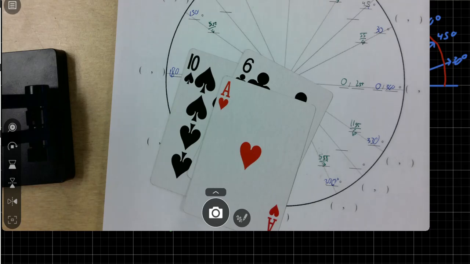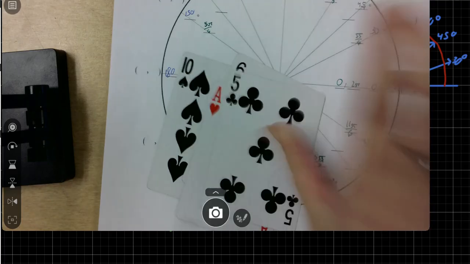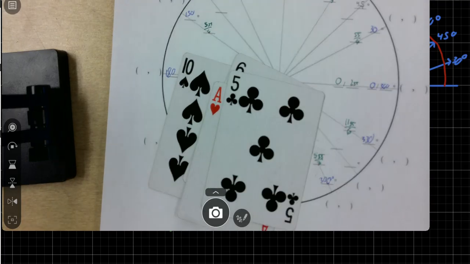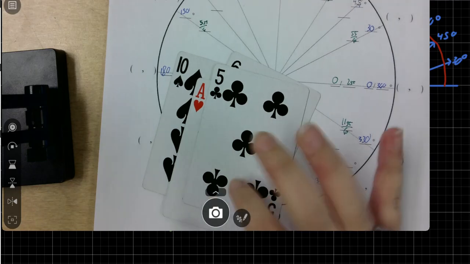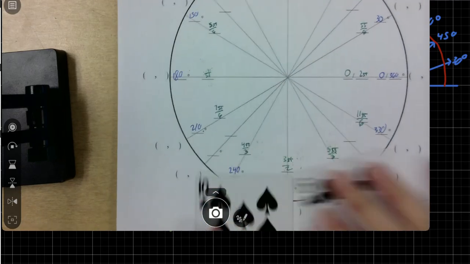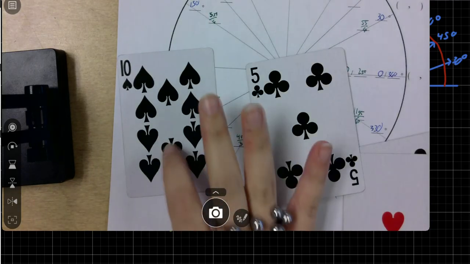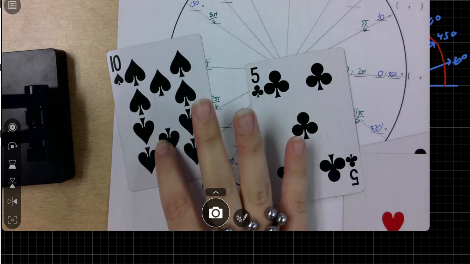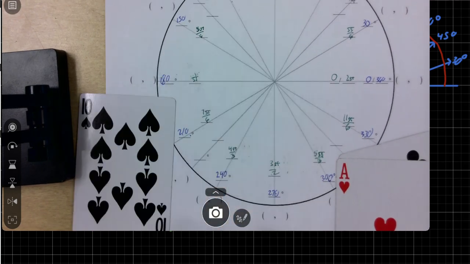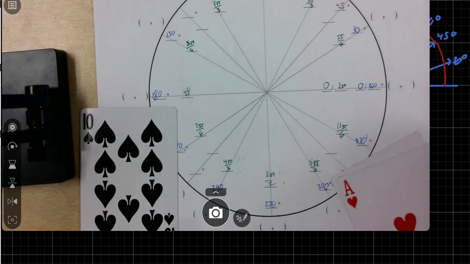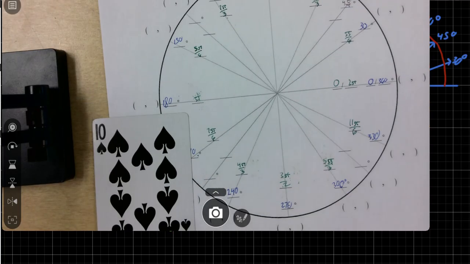Okay, ready? Clubs. There you go. So this is a clubs. This is a spade. Spade is a shovel. A club is a clover.